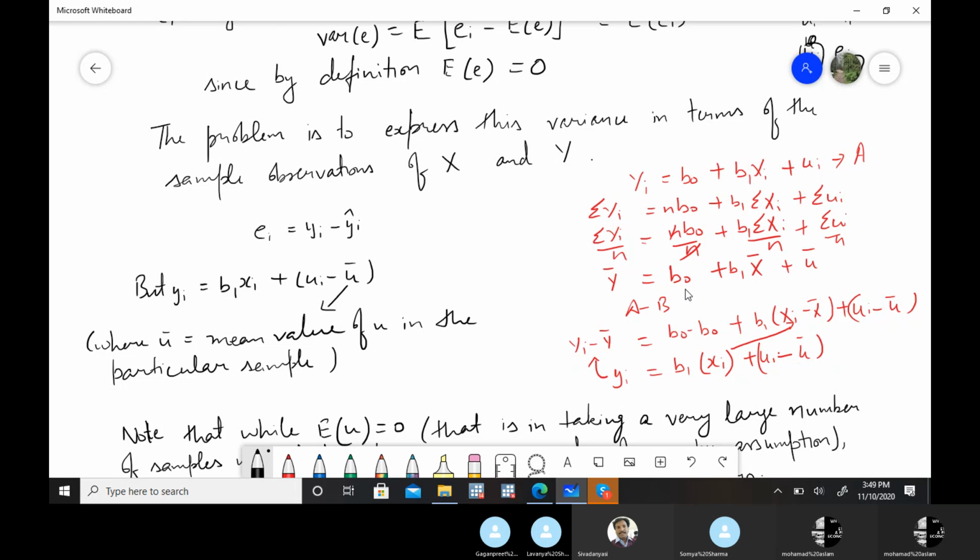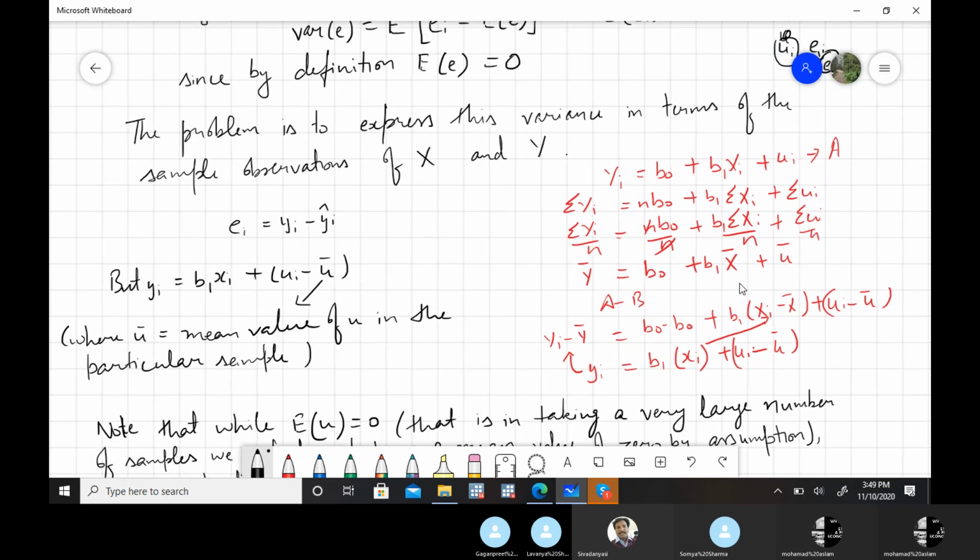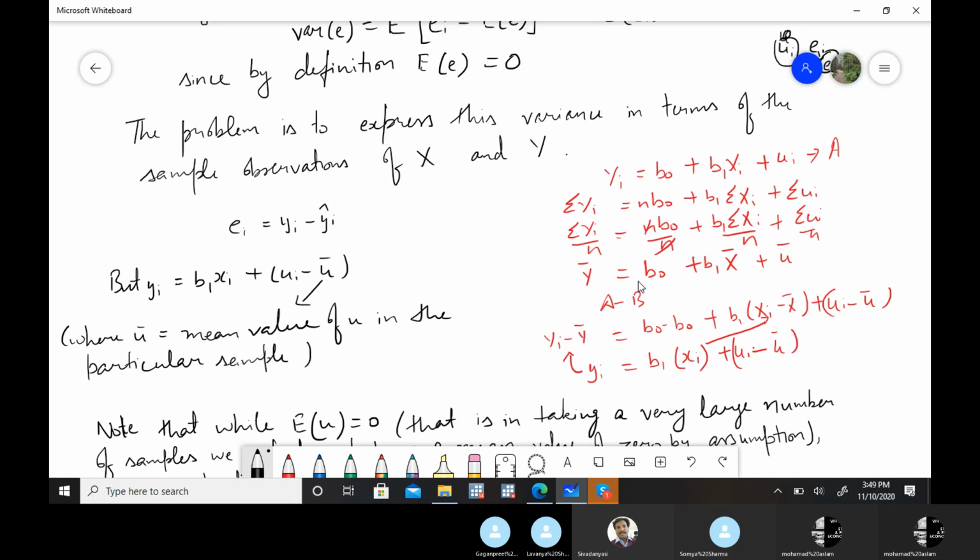Y mean equals beta 0 plus beta 1 x mean plus the mean of the residual. Now just subtract this equation from the original first equation. Now we have yi minus y mean, beta 0 minus beta 0 plus beta 1 xi minus beta 1 x mean, and ui minus u mean.